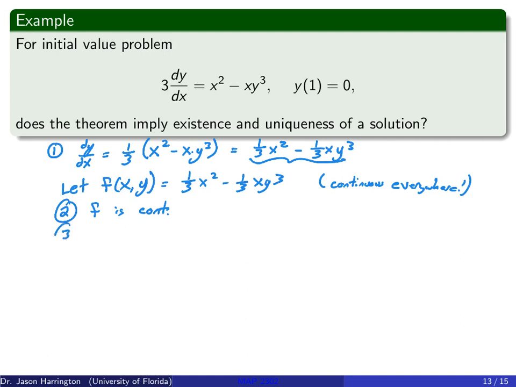The third thing I want to check is what about the partial of f with respect to y? Now this is going to be, I take the derivative of this, that's just going to be 0. And if I take the derivative of this little guy, that's just going to turn it into minus x times y squared. And again, that's also continuous everywhere.